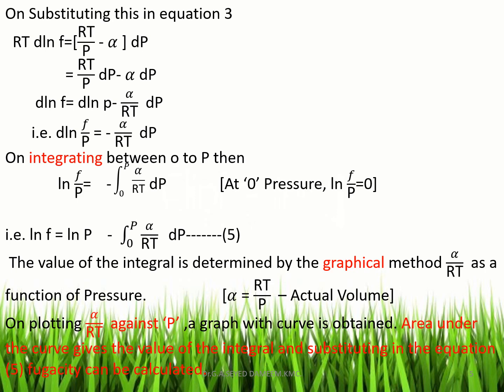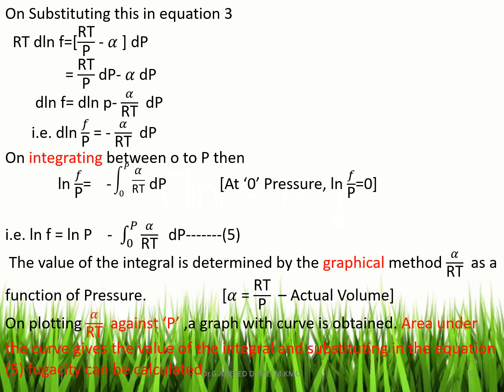The curve is shown in the next slide, and the area under the curve gives the value of the integral. Substituting the value of the integral in the above equation number 5, at a given pressure we can calculate the value of fugacity. That is the experimental determination of fugacity.